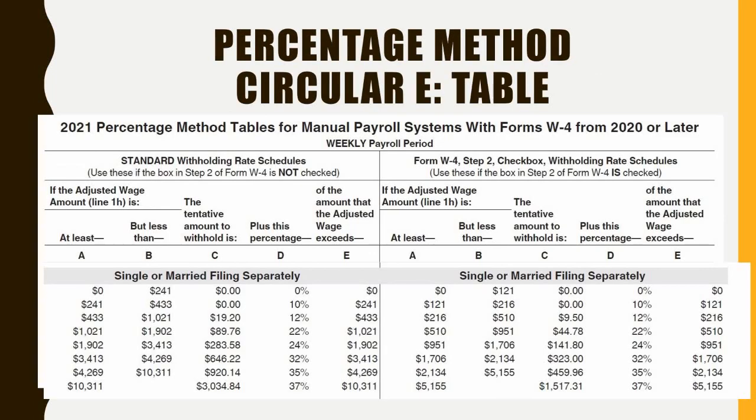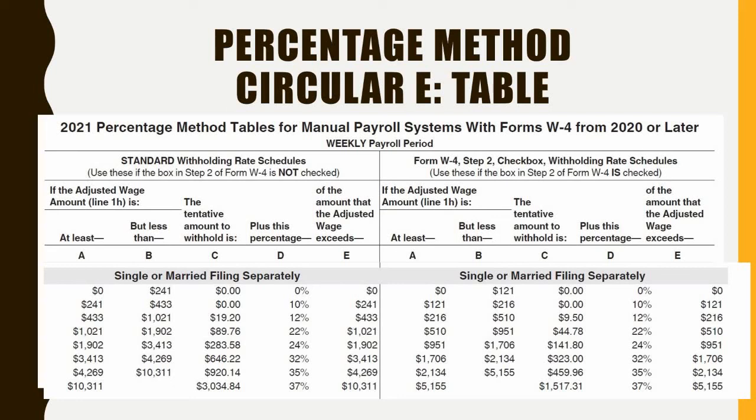Here's a Circular E table. Here we have the exact table that we're looking for, right? A weekly payroll period. She's filed as single, and her checkbox in number 2 is 0. So let's go through this. How do we read this chart? We have to read how much she earned.